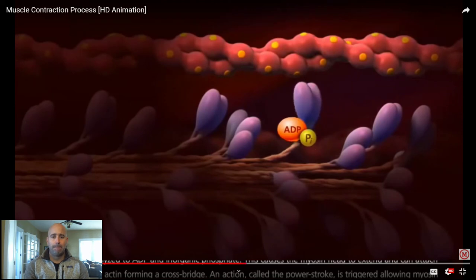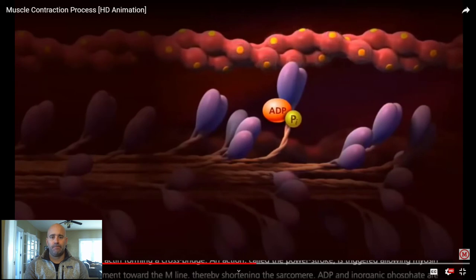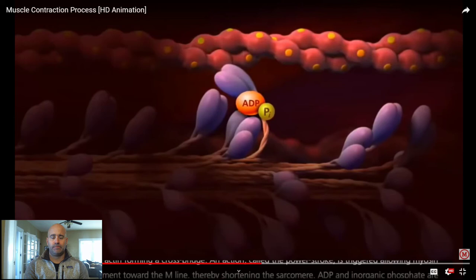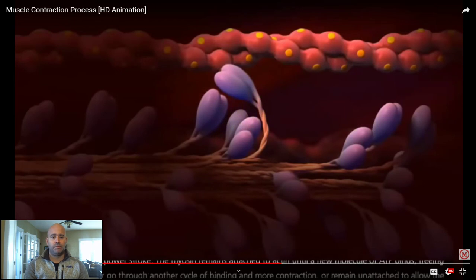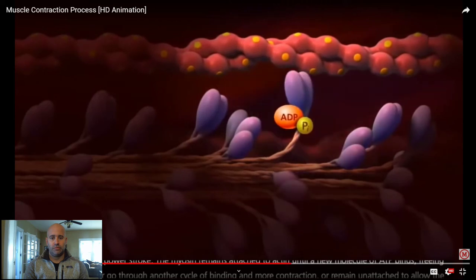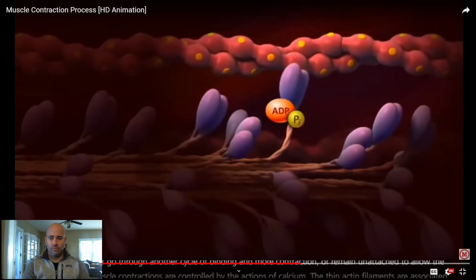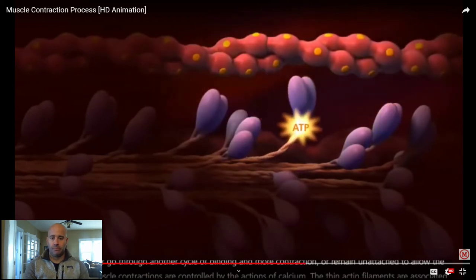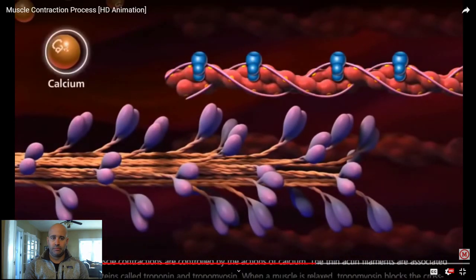This causes the myosin head to extend and can attach to a binding site on actin, forming a cross bridge. An action called the power stroke is triggered, allowing myosin to pull the actin filament toward the M line, thereby shortening the sarcomere. ADP and inorganic phosphate are released during the power stroke. the myosin remains attached to actin until a new molecule of ATP binds, freeing the myosin to either go through another cycle of binding and more contraction or remain unattached to allow the muscle to relax. Muscle contractions are controlled by the actions of calcium.